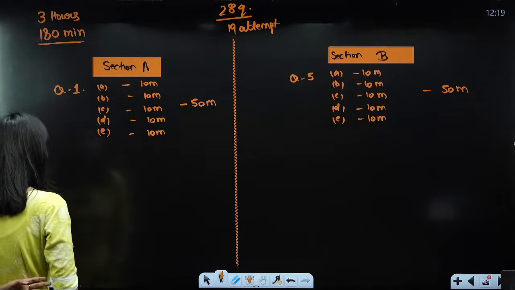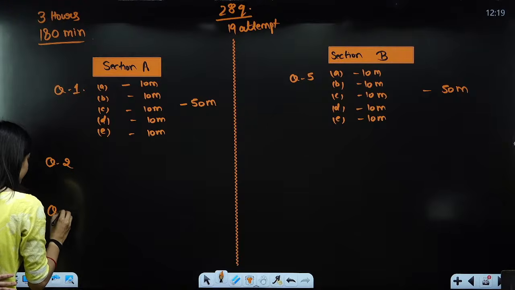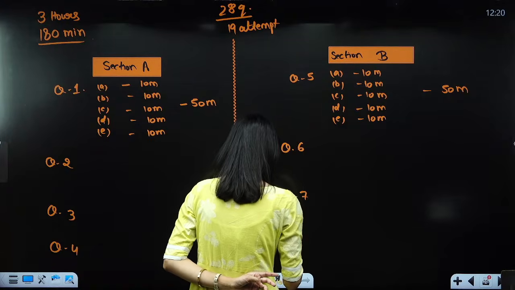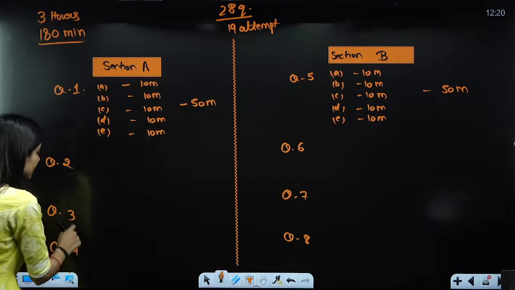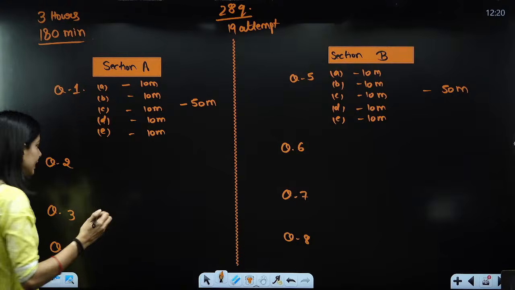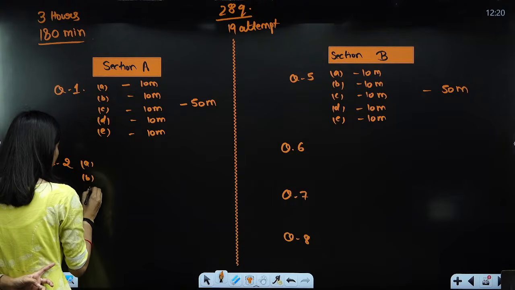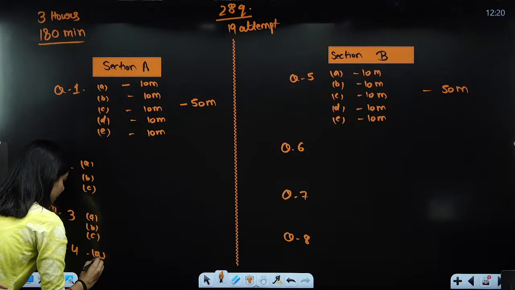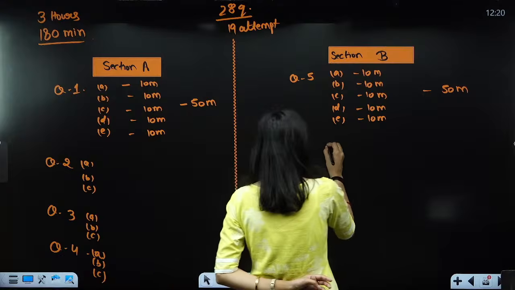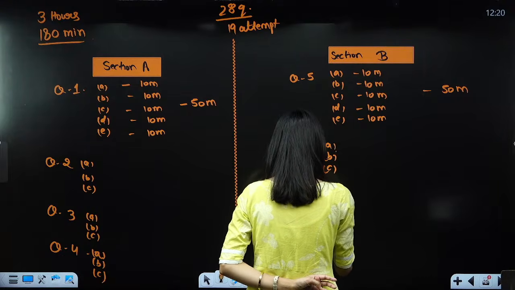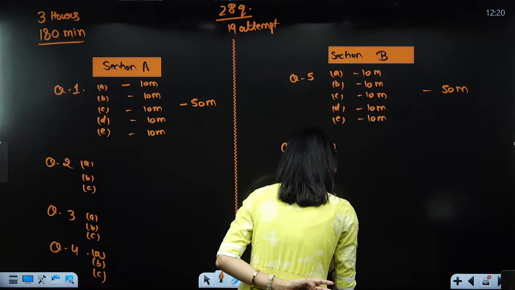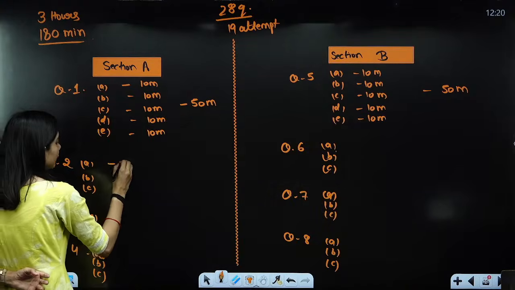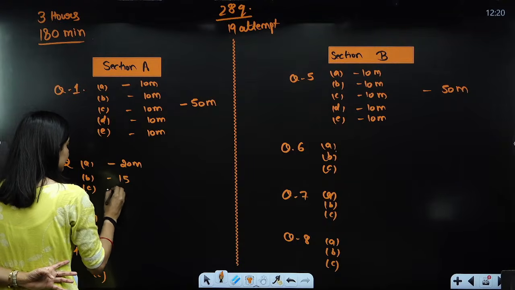Then we have question number 2, question number 3 and question number 4. Here we have question number 6, question number 7 and question number 8. Each question will have 3 subsets: 2A, 2B, 2C, again 3A, 3B, 3C, and 4A, B, C. In each question, part A used to be a 20 marker, and B and C are 15 markers.